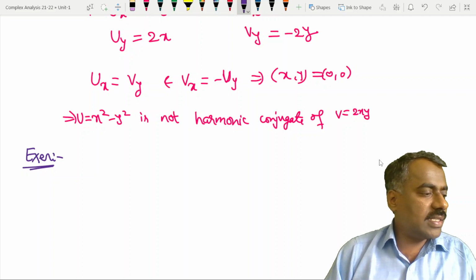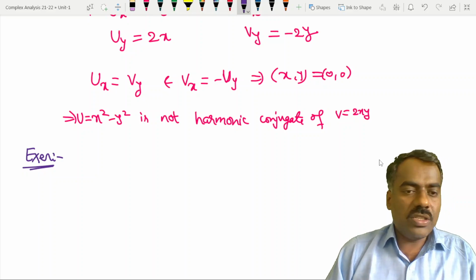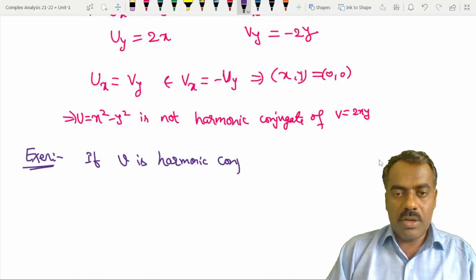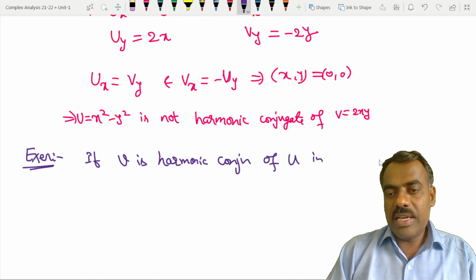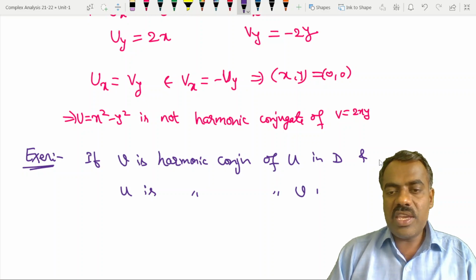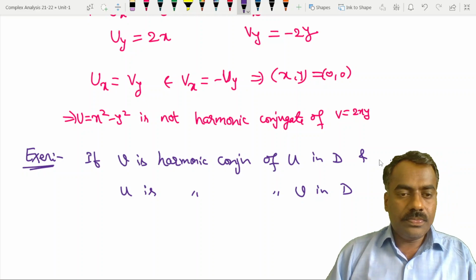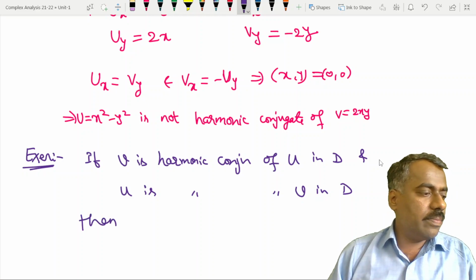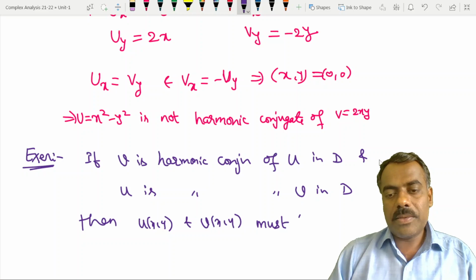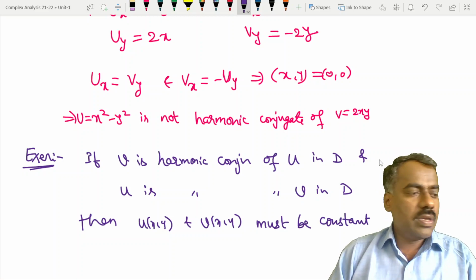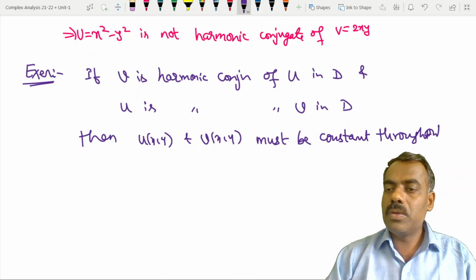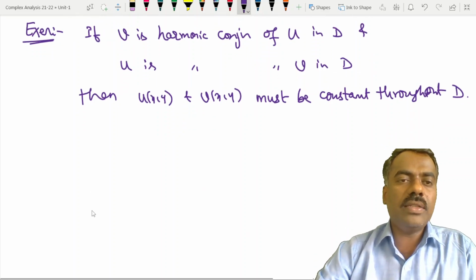So you can write this as an exercise: if v is a harmonic conjugate of u in a domain D, and u is a harmonic conjugate of v in the same domain, then u(x,y) and v(x,y) must be constant throughout D. You can try.